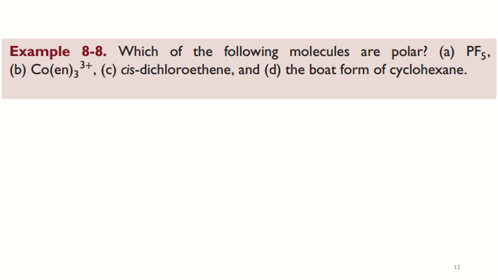For example, first of all, we should talk about PF5, phosphorus pentafluoride. Its geometry is trigonal bipyramidal, and there are many rotations: there is C3, there are different C2 axes, and sigma H, sigma V, but there is no inversion. So the point group would be D3h.